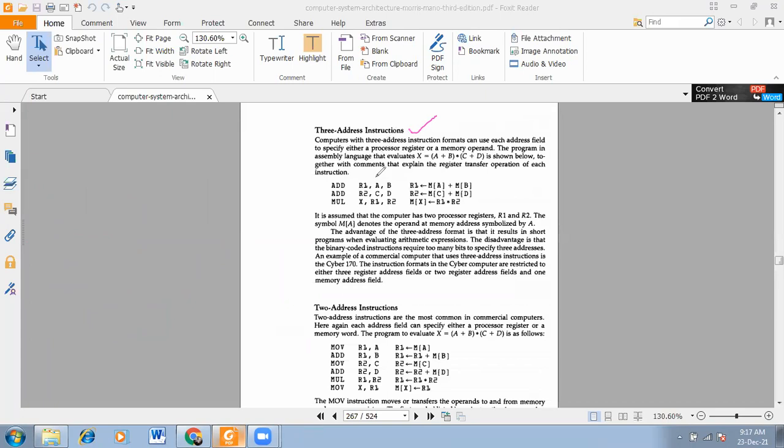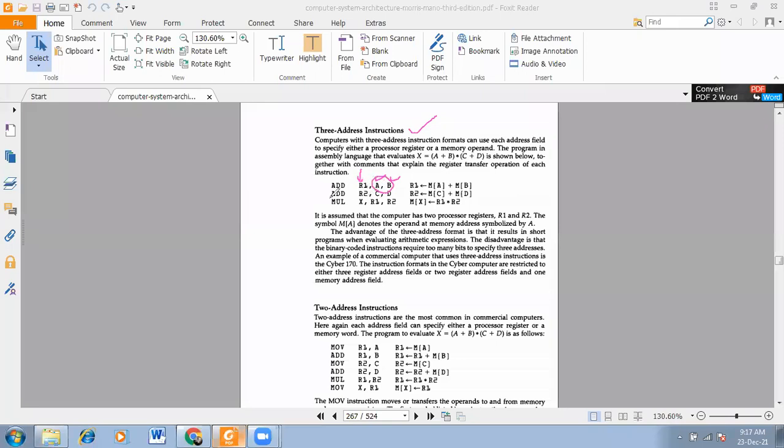The content of addresses A and B are added together, and ultimately the addition is stored at R1. That is why it is three addresses: 1, 2, 3.